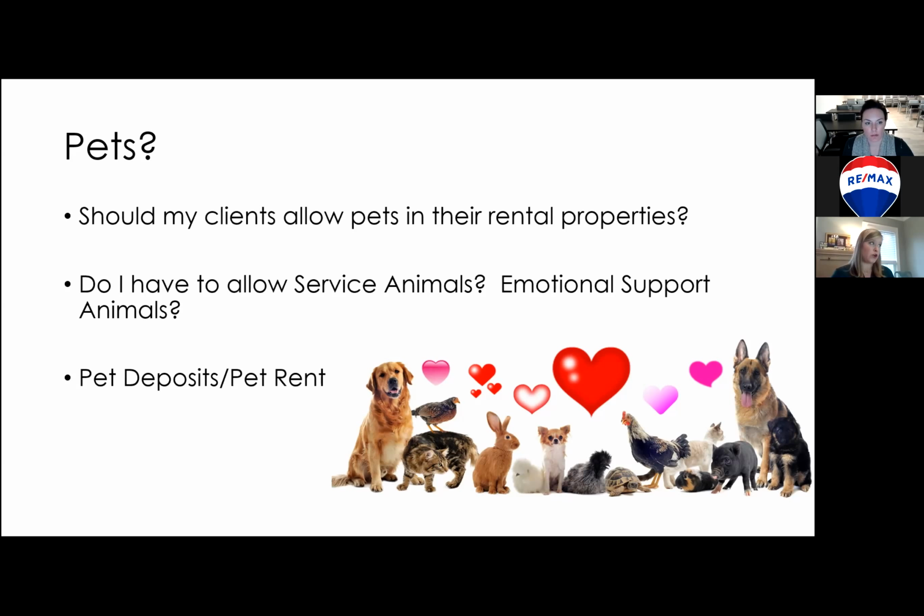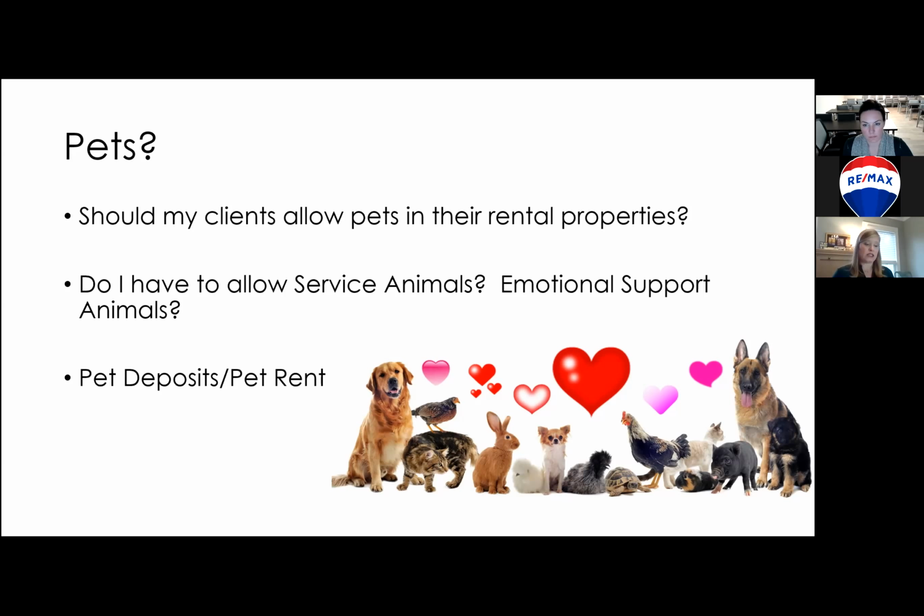It's definitely good practice, if you're going to have a pet, to charge some sort of pet deposit. Some people even charge a pet rent, and whether you make it refundable or partially refundable is up to you, but you'll want to consider that. You'll also want to have that pet addendum. The GAR form does offer the pet addendum.